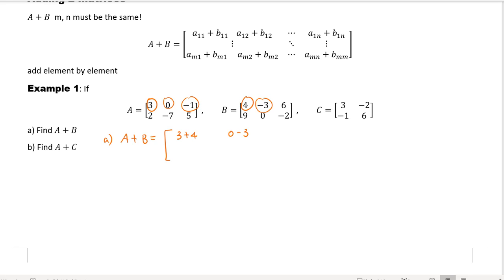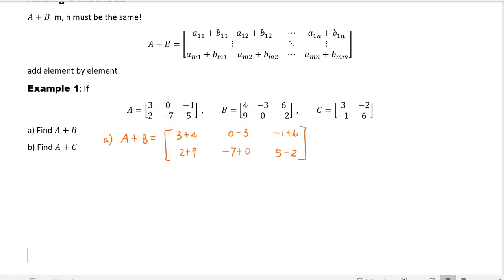And then the 1 3 entry, we have minus 1 plus 6. And for the 2 1 entry, we have 2 plus 9. The 2 2 entry, we have minus 7 plus 0. And then the 2 3 entry, we have 5 minus 2. So this is the sum of A and B.